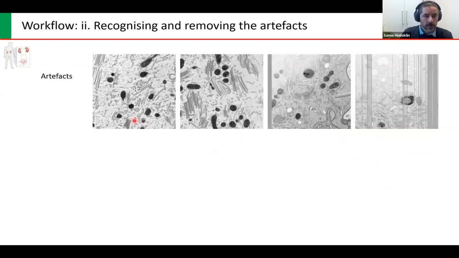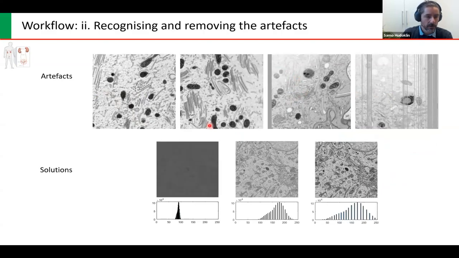So there were some problems, of course, that we had to solve first. For instance, artifacts of imaging, curtaining, uneven contrast, low contrast, and so on. But that was solved quite nicely.